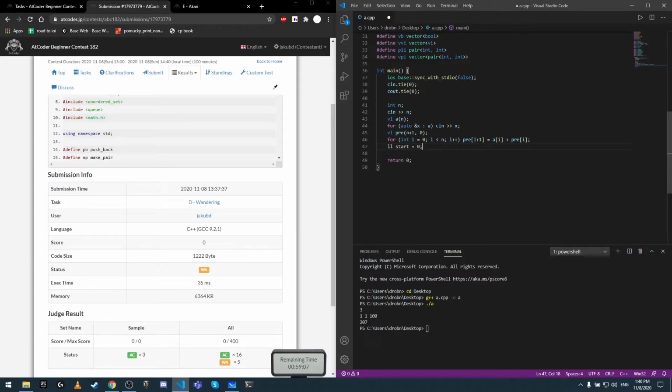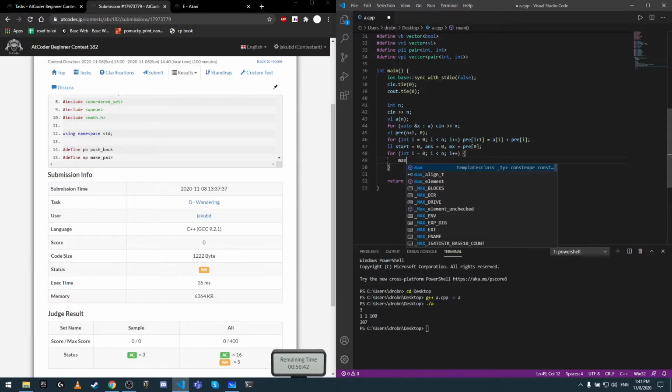So we are in the starting position here, and we have answer which is 0. Now we go over the moves. We need some sort of maximum.